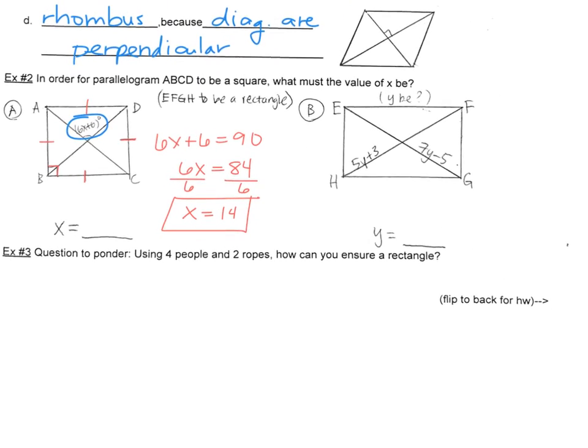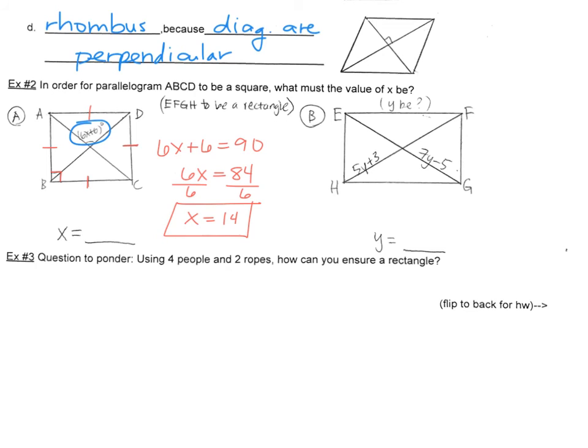Okay, so now look at the second one. It says, in order for EFGH to be a rectangle, okay, so for this guy to be a rectangle, what would y have to be? What would you do with that? Set them equal, right? We know that the diagonals are equal. Okay, and here's the thing.